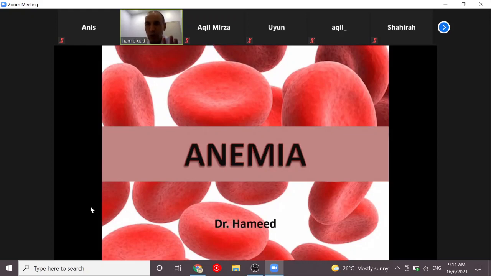These structures you should know. Later we will see what happens to hemoglobin when alpha is abnormal or beta is abnormal. So the structure is very important. Hemoglobin A is alpha 2 beta 2. 4 globins, 2 alpha, 2 beta. Hemoglobin F is 2 alpha, 2 gamma. So alpha is always there.